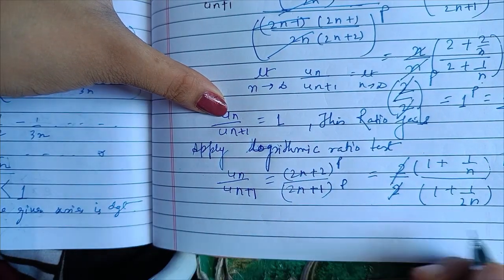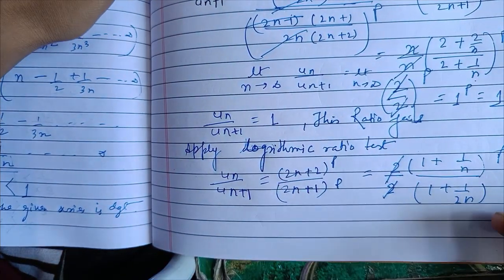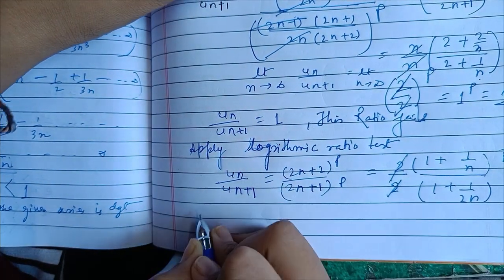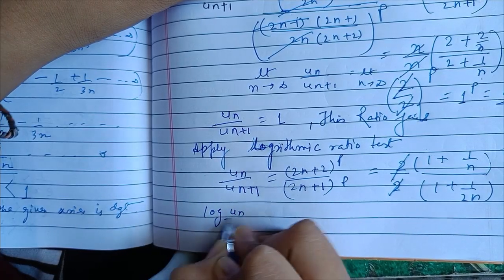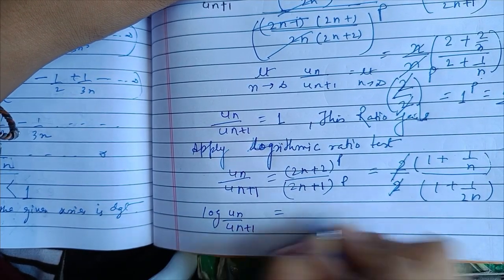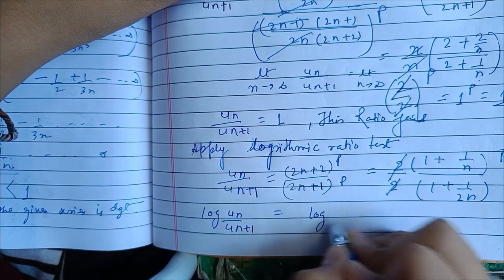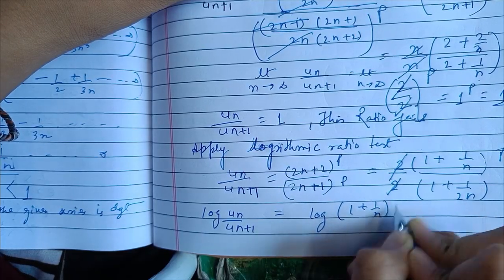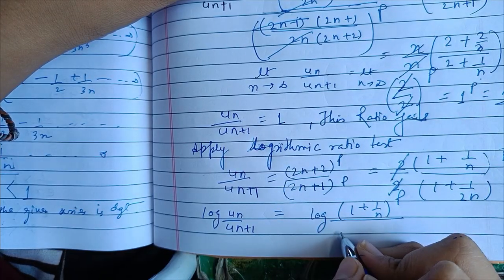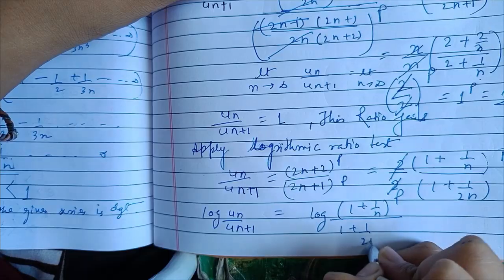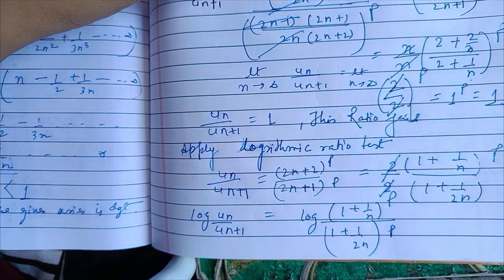Taking log on both sides, here also if I take log 1 plus 1 upon n to the power p upon 1 plus 1 upon 2n to the power p.